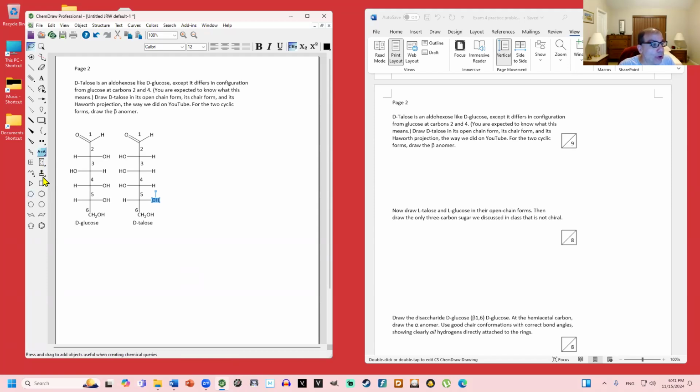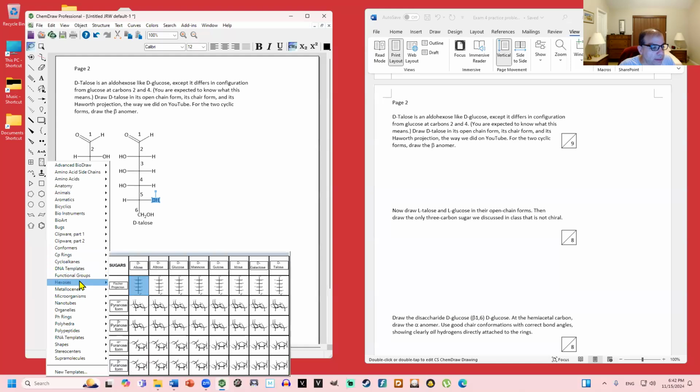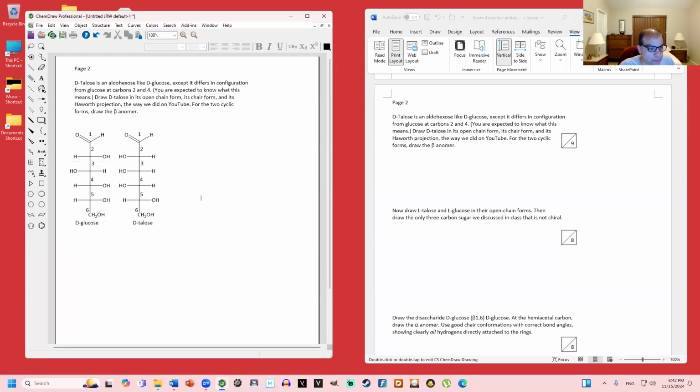So in order to draw talose in the chair form, I can do that fairly easily. Let me just erase all these. I can leave the CH2OH. So there's our chair form with all of the bonds showing the correct bond angles.